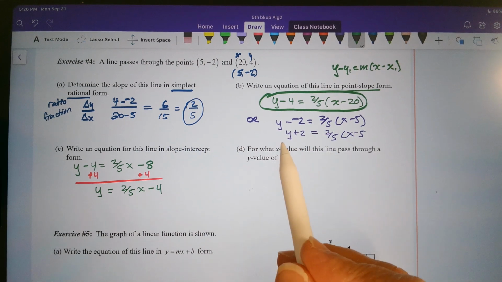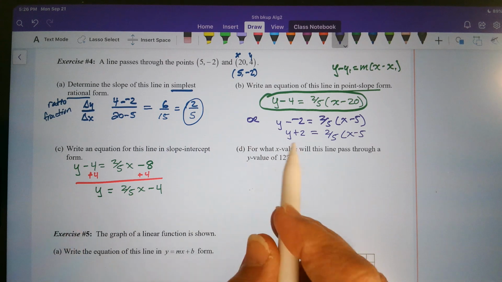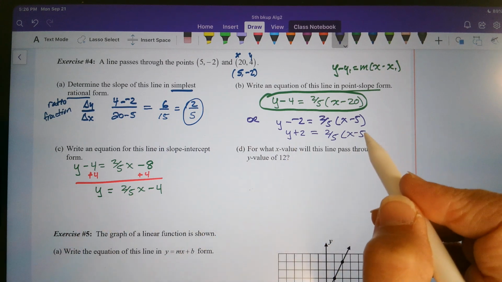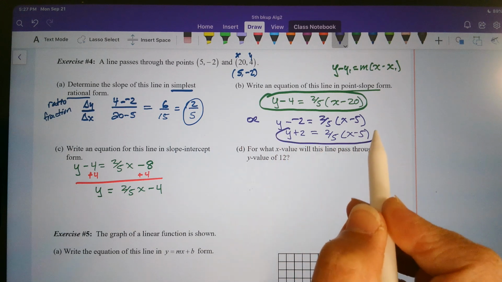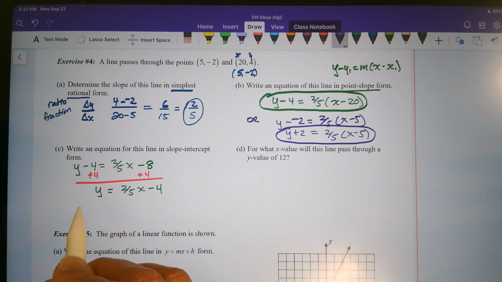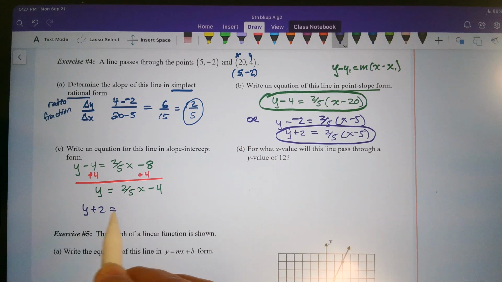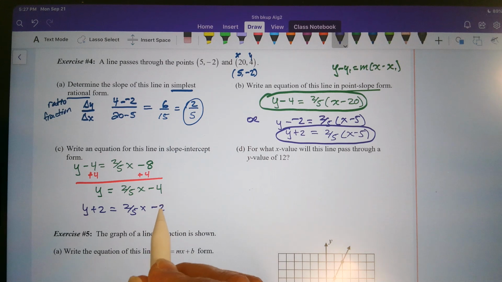Or if I had my second one and got y by itself there, oh, I forgot my closing parenthesis, but it doesn't matter. We'll still end up with y equals 2/5 x minus 4. So if I distribute the 2/5, I have y plus 2 equals 2/5 x. 2/5 times negative 5 is negative 2.